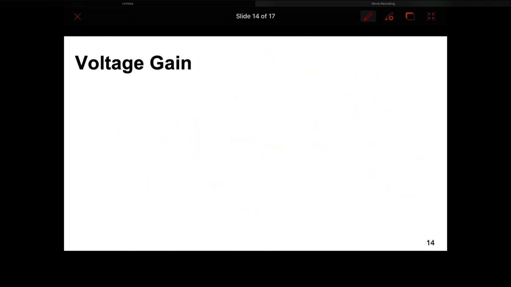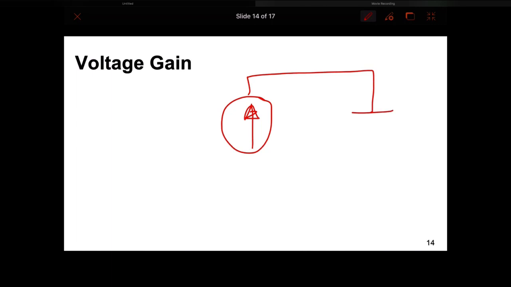Okay, voltage gain. Like we did with the CE amplifier, constant current source. This time the collector is at AC ground. We do our AC model.